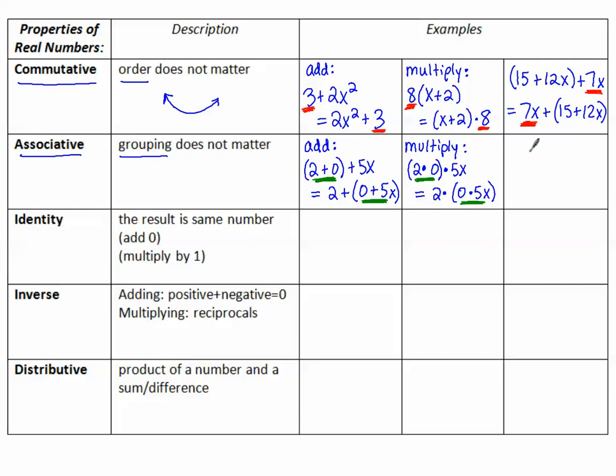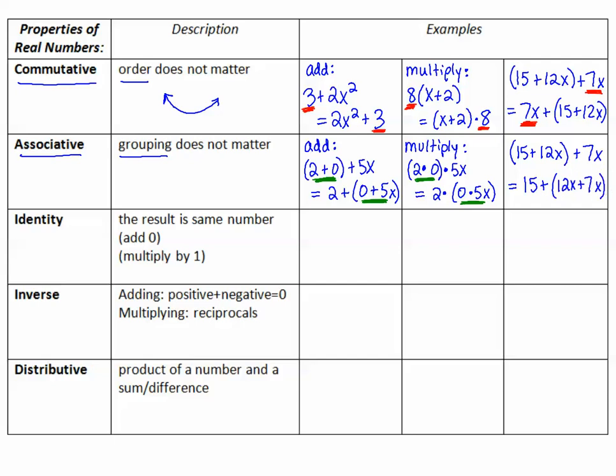Here's an example that looks kind of like this one, but you'll see how it's a little bit different. 15 plus 12x plus 7x equals 15 plus the quantity 12x plus 7x.